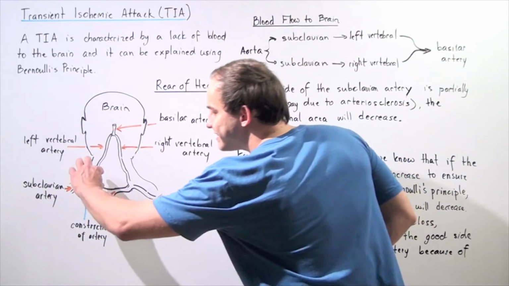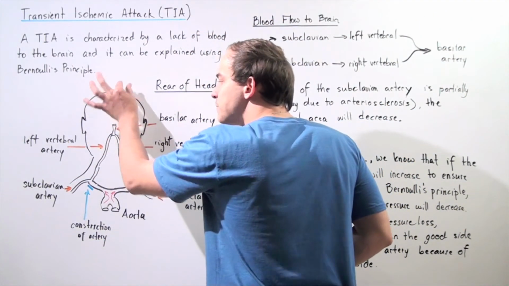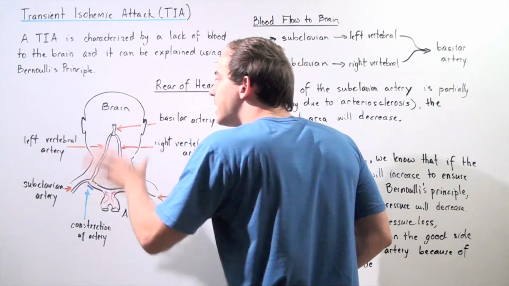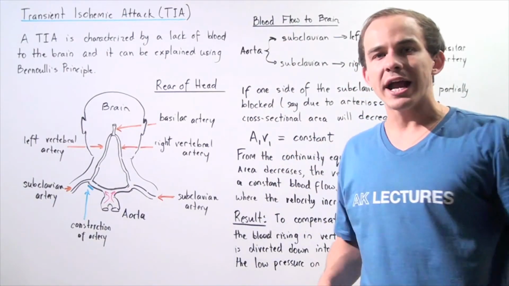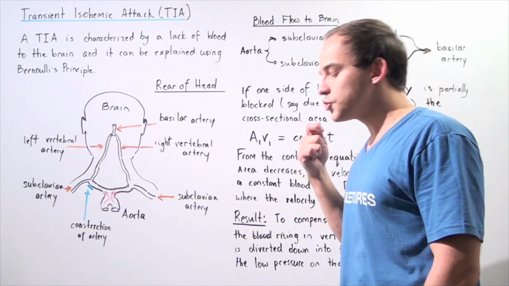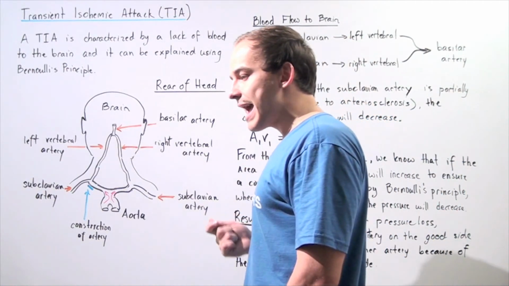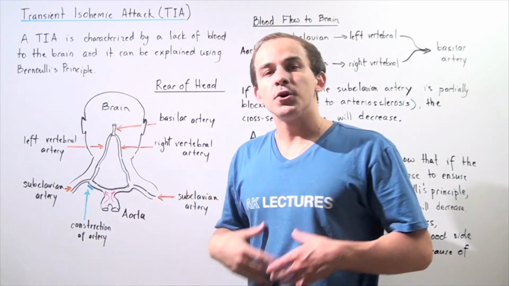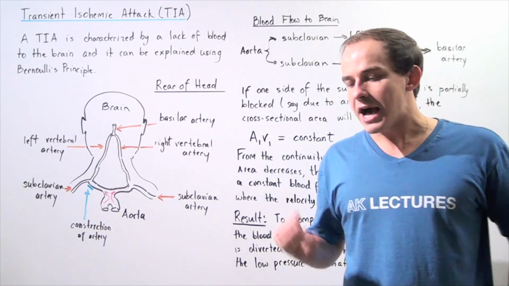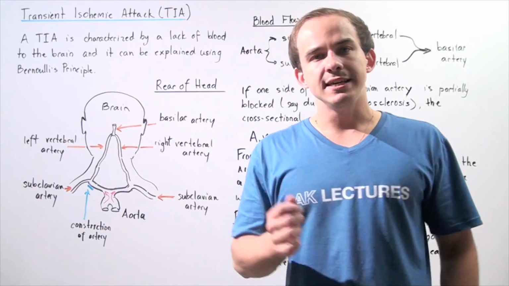So the blood that is initially meant for this section rushes back down to this section, and so we have a lack of blood that reaches our brain. And now we have a TIA take place, or transient ischemic attack. So we used Bernoulli's principle to explain a medical phenomenon called transient ischemic attack.